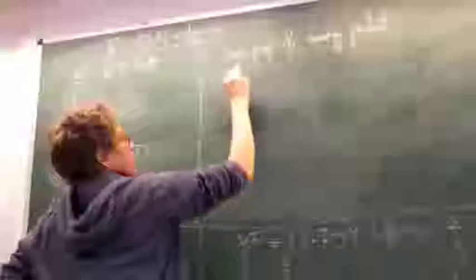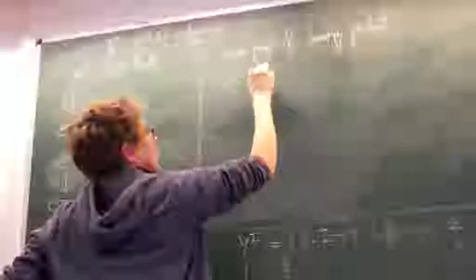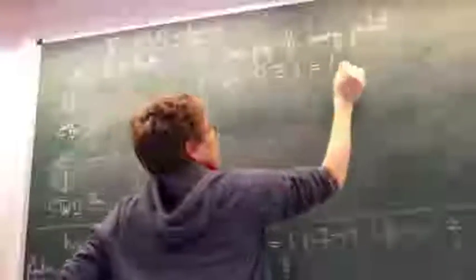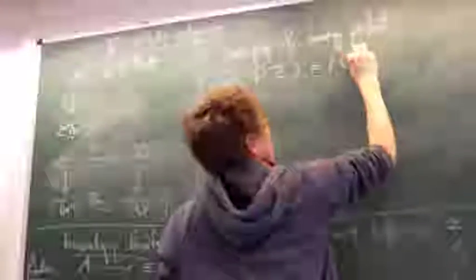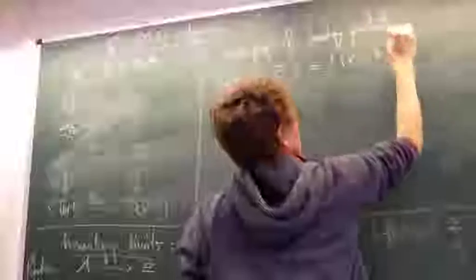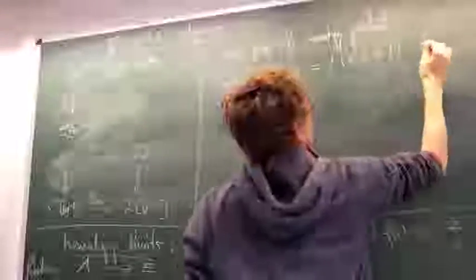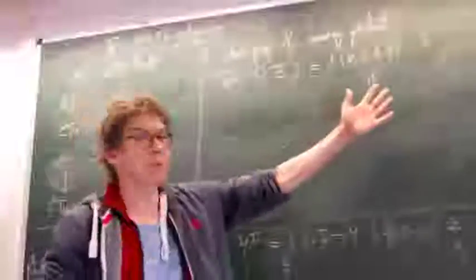We just said that maps out of this thing are these triples. What is this? This is exactly a homotopy pullback somehow.